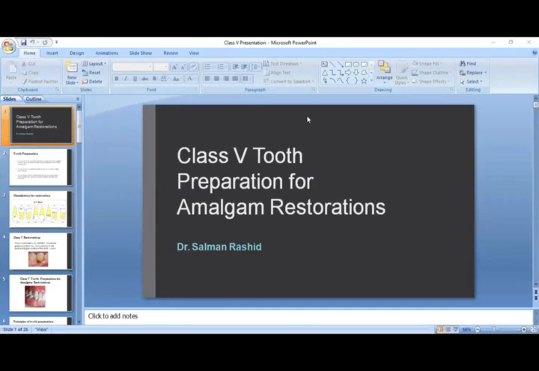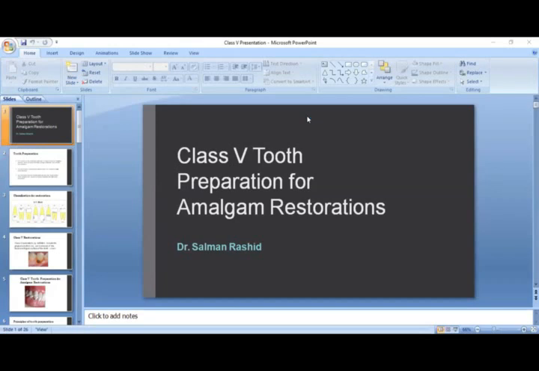Or we can also classify the caries region according to the location. Location means that maybe it is close to the gingiva. I hope you all know what is basically the gingiva, or it is away from the gingiva. So there are different parameters on which we differentiate or we place different classes. That's how we design the different classes, like class 1, 2, 3, 4, 5, and 6.